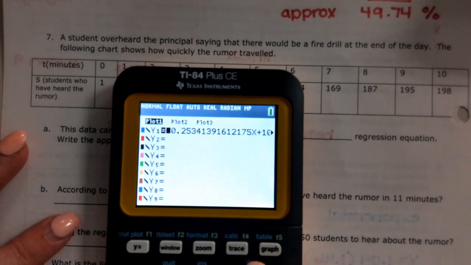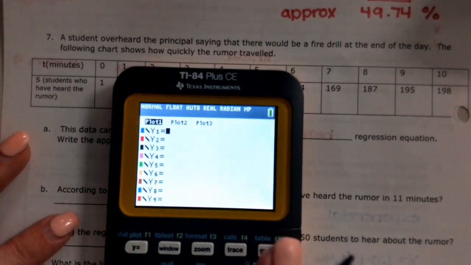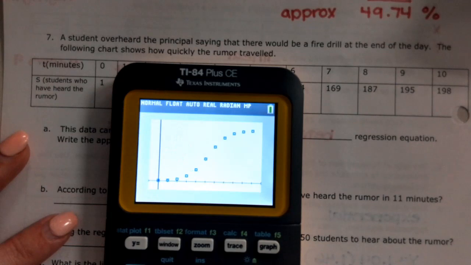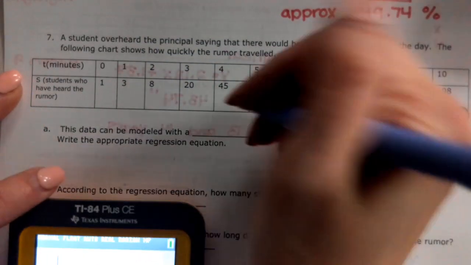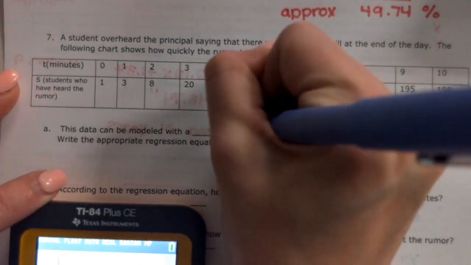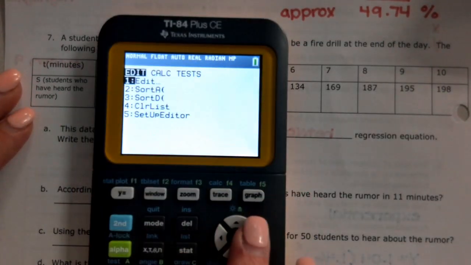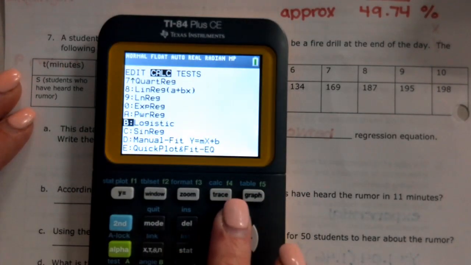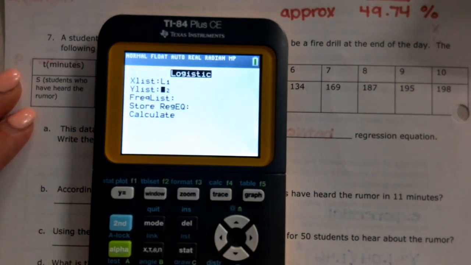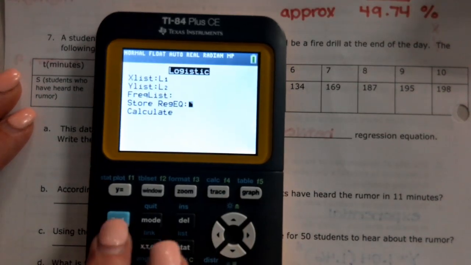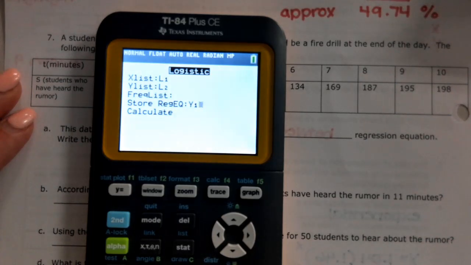So I go to y equals. Plot 1 is still highlighted. Zoom 9. That is S-shaped, so this is logistic. So here I do stat, right, and we're going to go to B. Again, I'm going to store it, alpha trace, and we're going to put it in Y1.